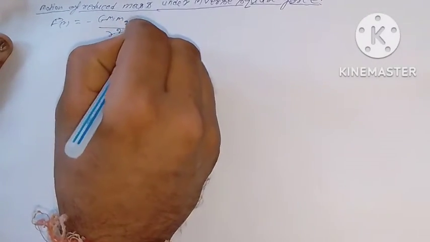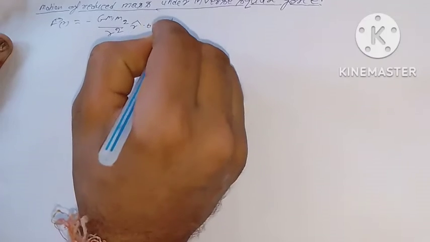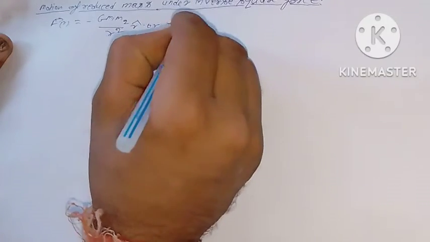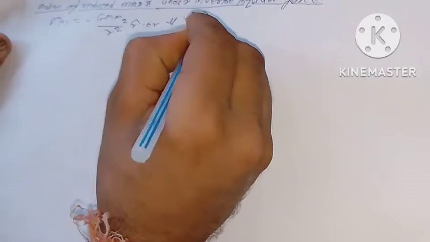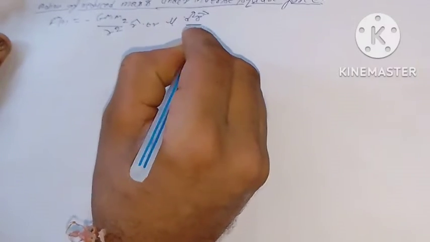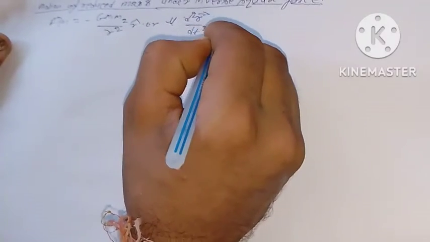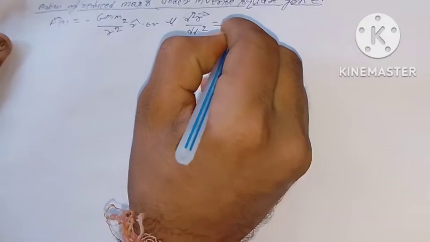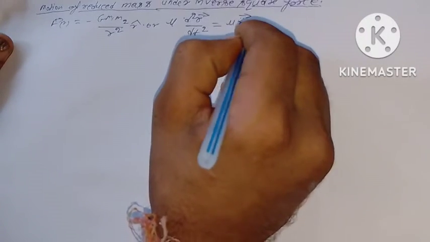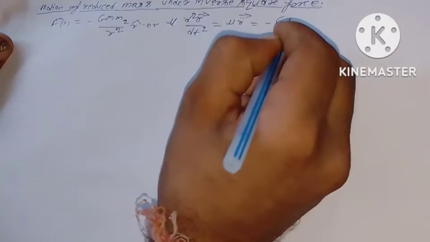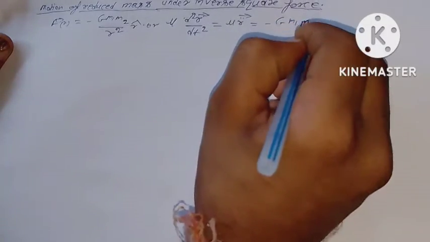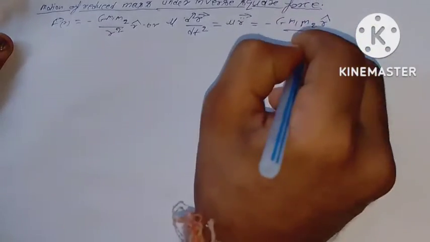Okay, mu d square vector r upon dt square, that is mu times the double derivative of r, equals minus G m1 m2 unit vector r upon r square.